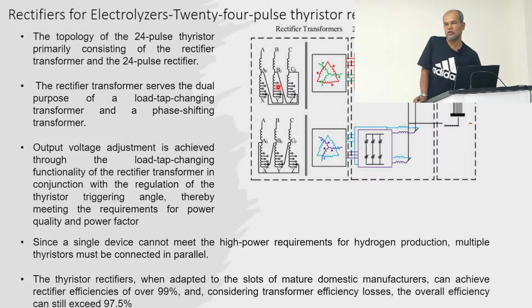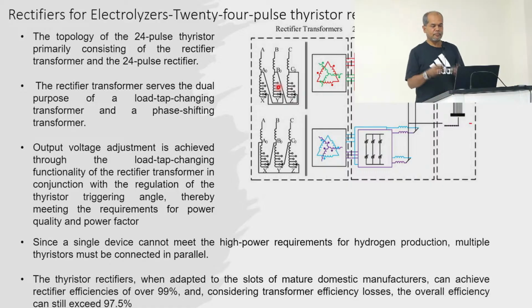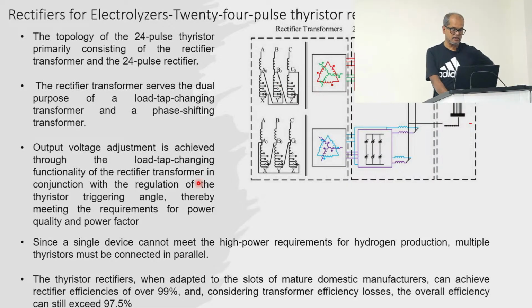To control voltage, right? So when voltage goes beyond the required boundary, the tap automatically changes either to increase or decrease the voltage. So here also, if you use this one, it has this additional function, and using this one and the thyristor angle, you can also maintain the requirement for power quality and power factor.